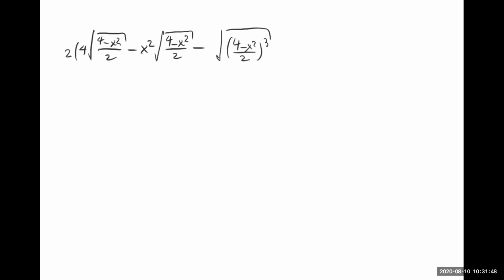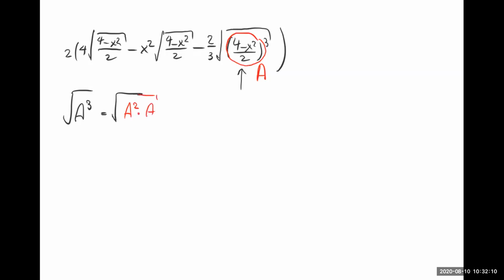And then there is a coefficient 2 over 3. Now this part is like integral of a cubed, where this thing here is a, for example. A cubed can be written as a squared times a. There would be integral of a squared, integral of a. Integral of a squared is a, so it would be a times integral of a. The same thing happens here.